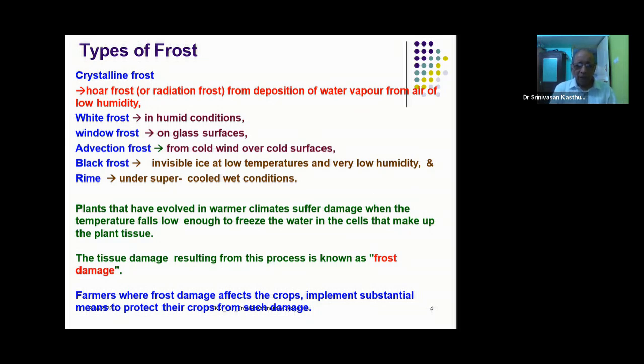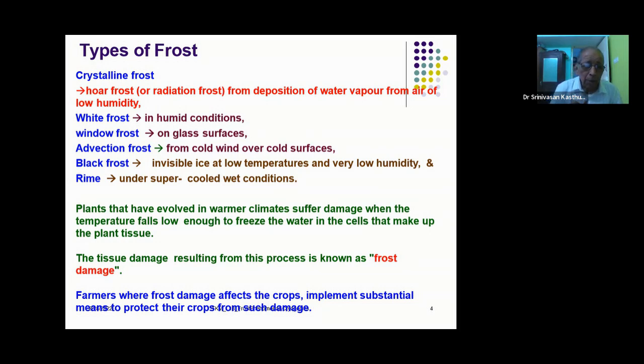Because of the radiation, hoar frost gets formed from the deposition of water vapor of air of low humidity. Then white frost normally happens in humid conditions. That means you have a lot more water content, then you have humid conditions, and white frost gets formed.